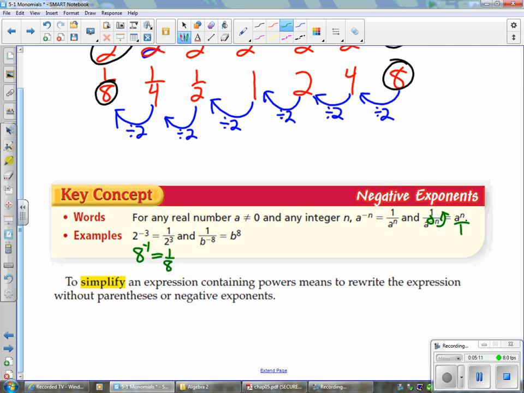So you can't have that negative in there. It's not simplified until the negative in the exponent is gone. By the way, that negative does not make your answer negative. The negative in an exponent does a different job. It's not changing this 8 to a negative. It's still a positive number.